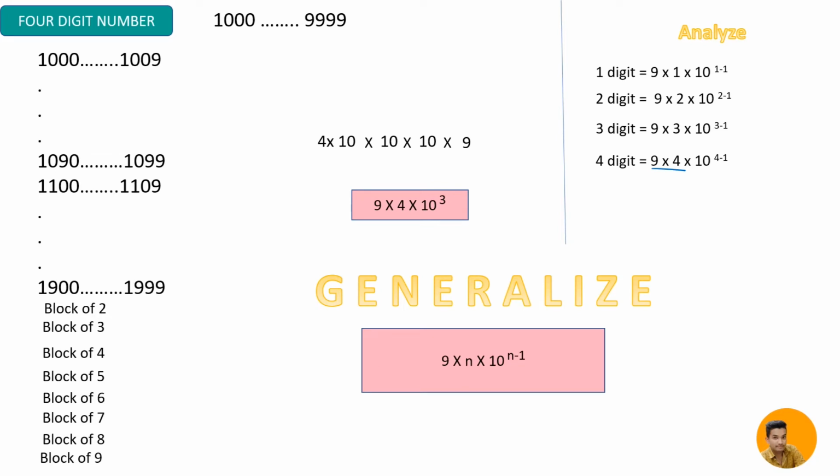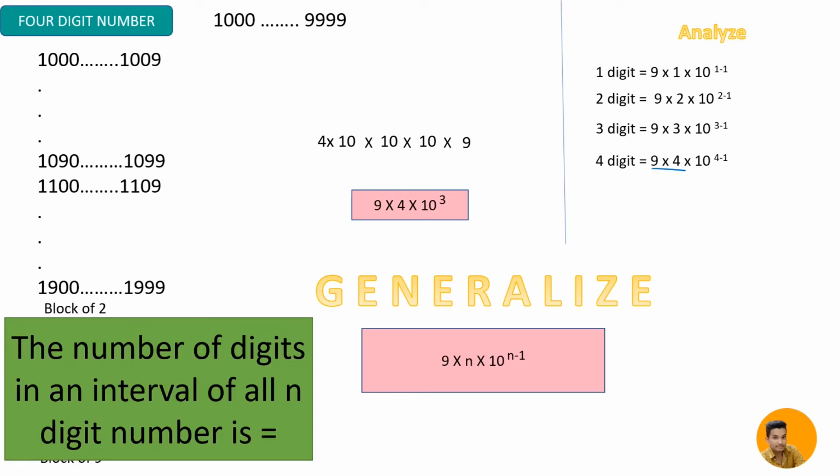I can say this: if you have an n-digit number and you want to find the total number of digits present in n-digit numbers, in this case let's take the example of 4.